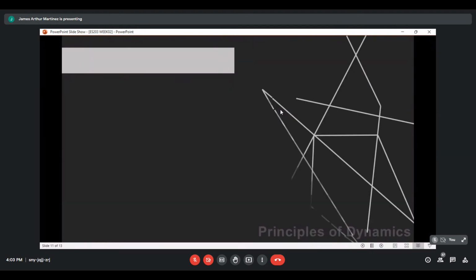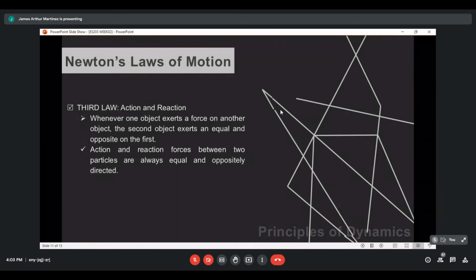And the third law, or what we know as action and reaction, states that whenever one object exerts a force on another object, the second object exerts an equal and opposite force on the first object. So the action and reaction of forces between two particles are always equal and oppositely directed.